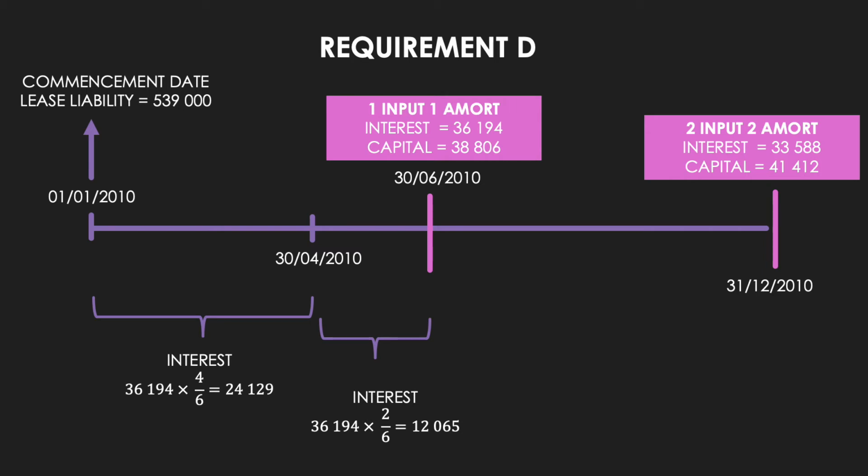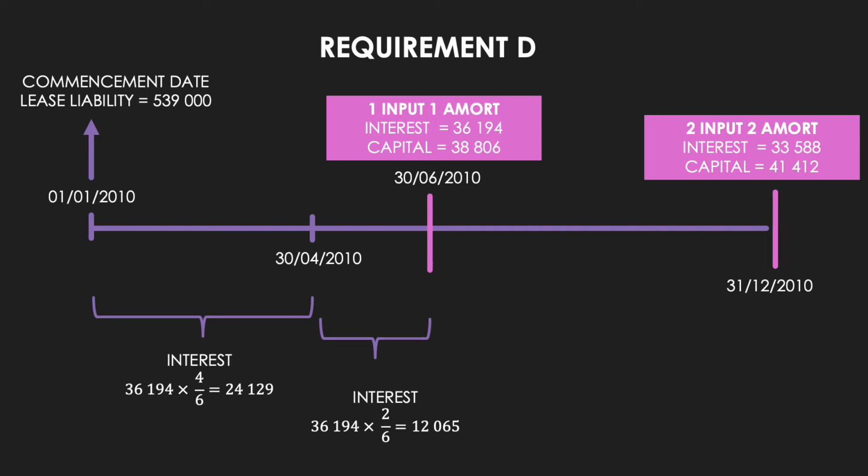We then know that the second payment takes place on the 31st of December 2010, which is the last day that we need to journalize. So now there's no year end in between the 30th of June 2010 and the 31st of December 2010. Nothing else funny has happened, and therefore we do not have to split the interest.